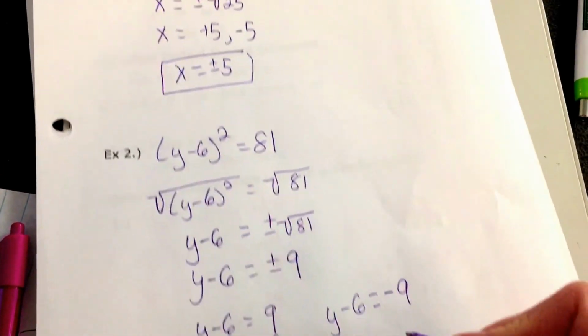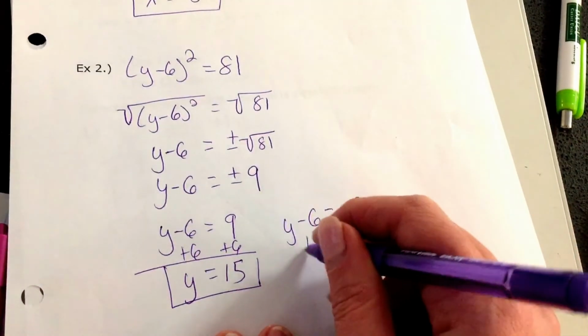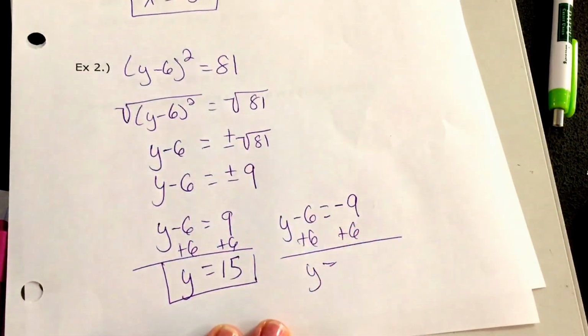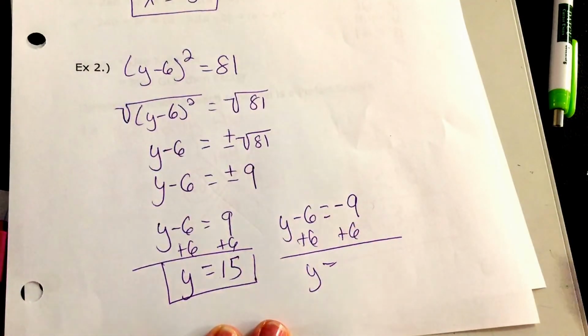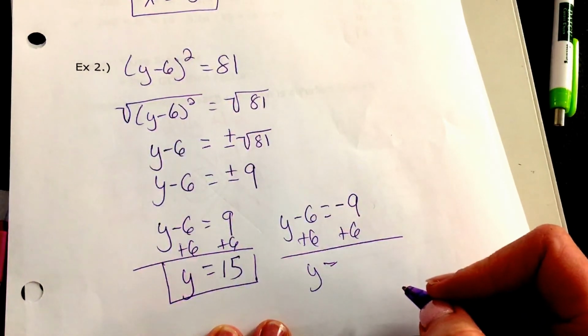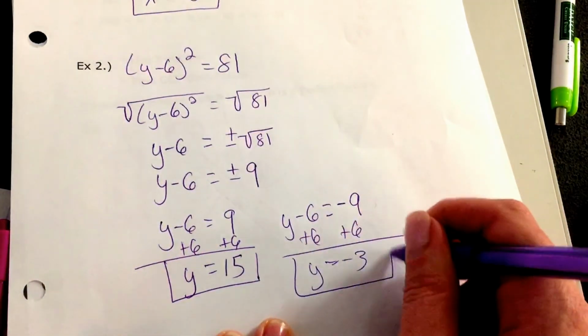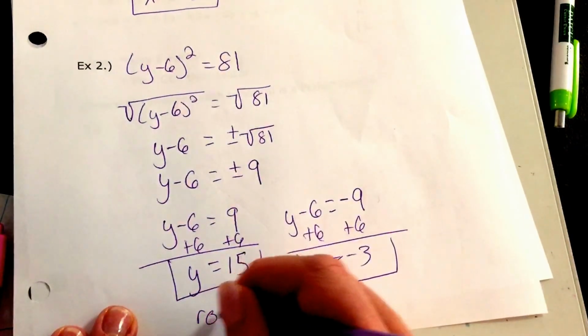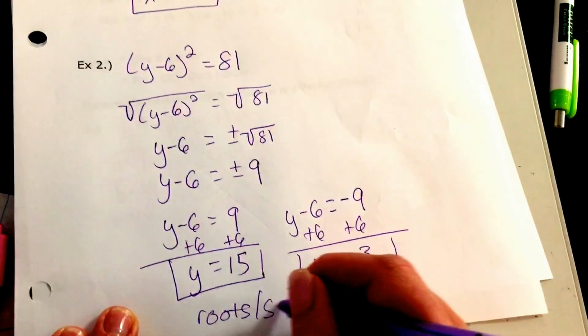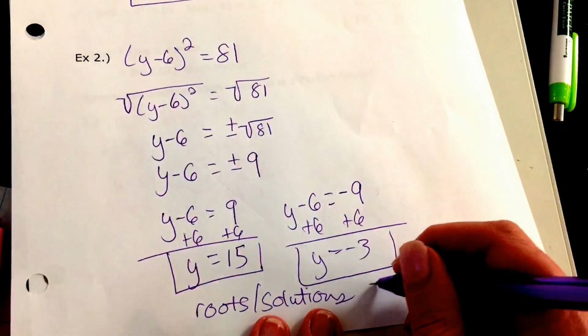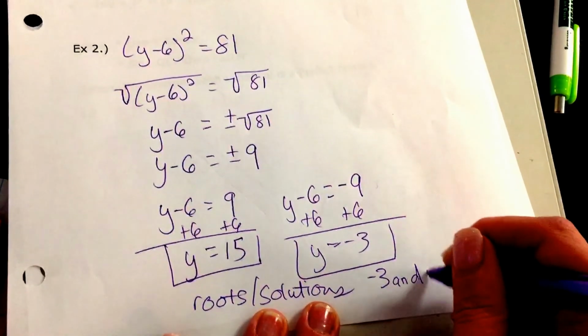And then here, what do I do? I always pay attention to the screen. I'm not paying attention to this, so I write, and the people watching the video can't see. So negative 9 plus 6 is what? So your roots slash solutions, however they want to say it, are negative 3 and 15.